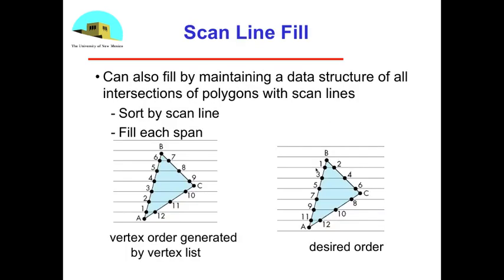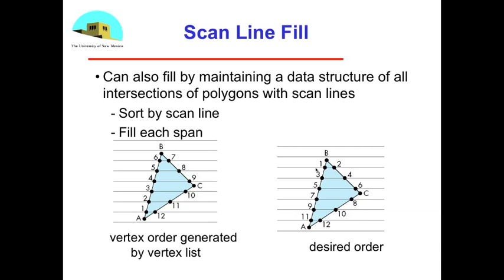Another slight variation on this idea is what's called scanline fill. When we talked about the scanline algorithm, I think it was the last lecture, this ties in with that: you build some sort of data structure that tells you how to fill the thing scanline by scanline.